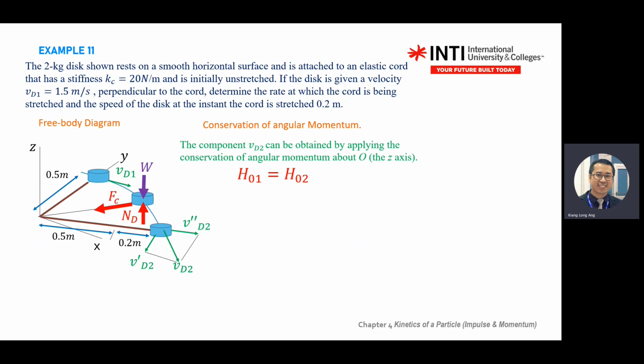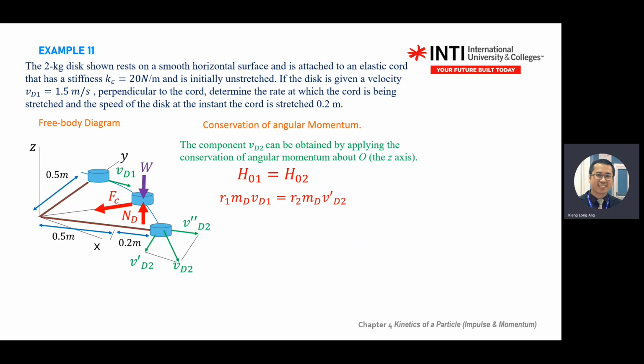What is H? R cross mv. R is this one, R1, and R2 is this one. You only have one object, so mass is the same, but velocity 1 and 2 are different.